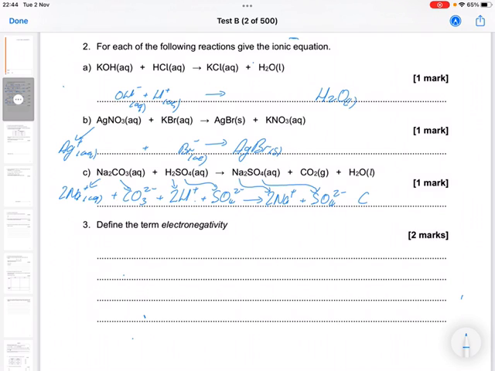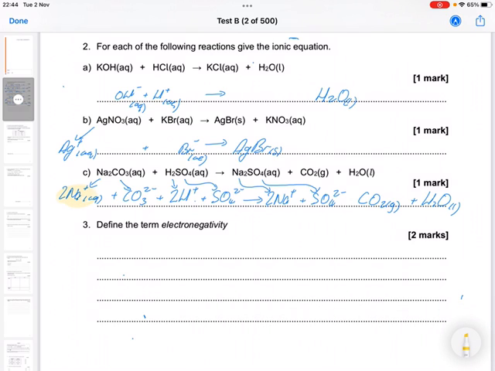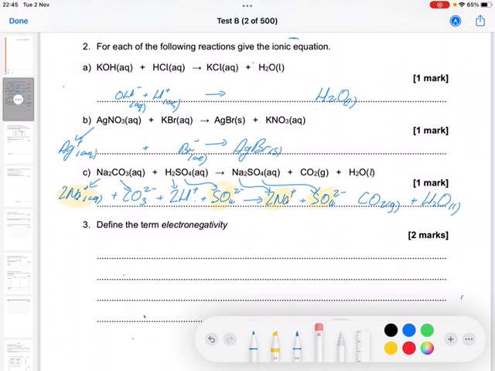Carbon dioxide is a gas and water is a liquid, so they can't be dissociated. So let's have a look at what we've got. Spectator ions are the same on the left and on the right. So that's that, and then we've got the sulfates as well. These are all my spectator ions, so I can remove those.